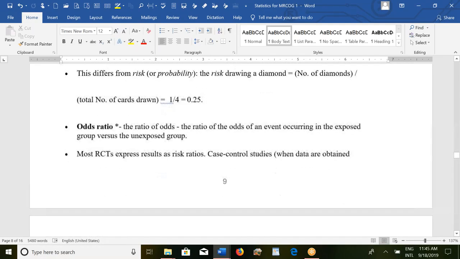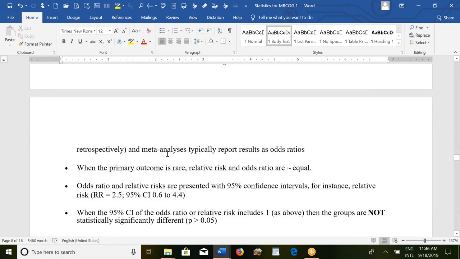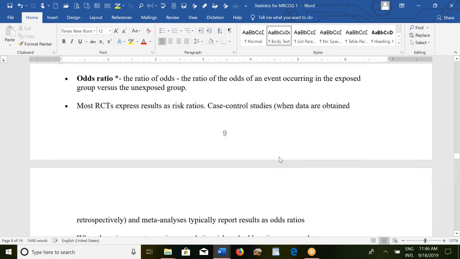And then, what is odds ratio? The ratio of the odds of an event occurring in the exposed group versus in the unexposed group. Most randomized controlled trials express results as risk ratios. Case-control studies, where the data are obtained retrospectively, and meta-analyses typically report results as odds ratio.